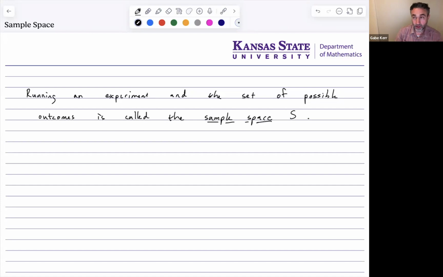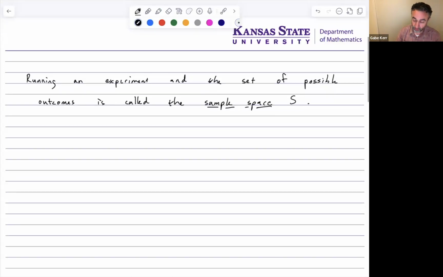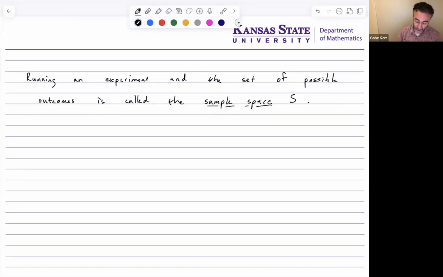Now, what we'll do is we'll understand this set through examples. So let's start with the most common example, which would be flipping a coin. So your experiment is you're going to flip a coin. What are the possible outcomes? Let's say it's a simple heads or tails situation.